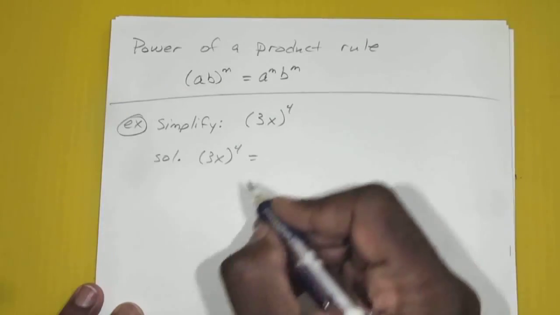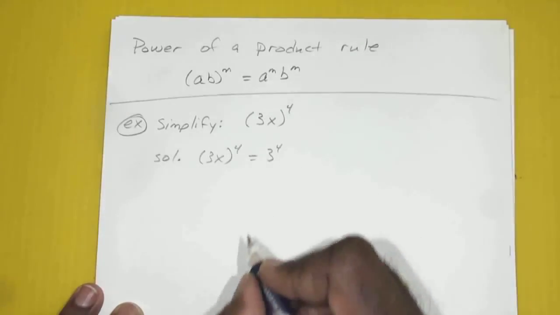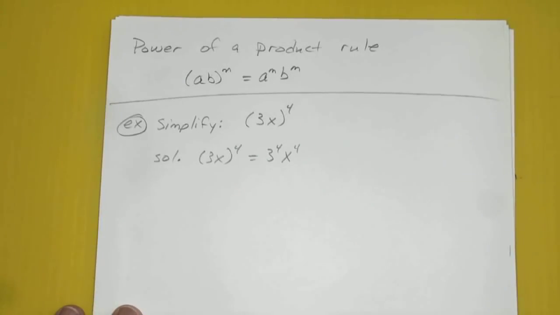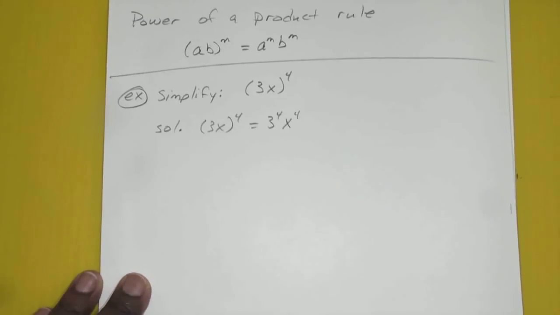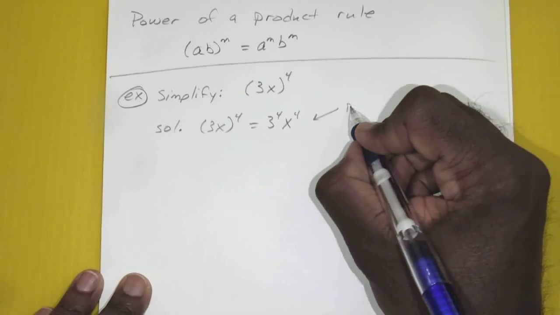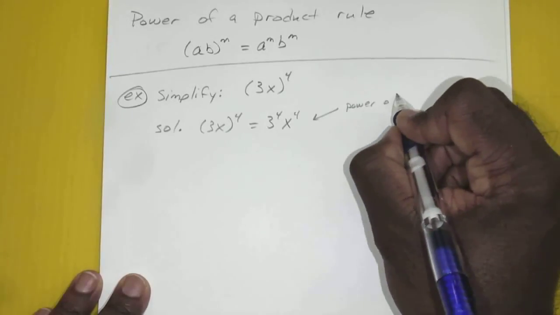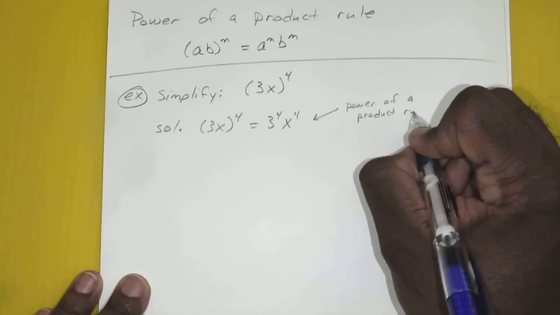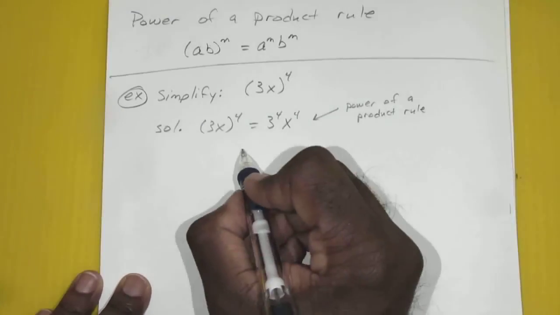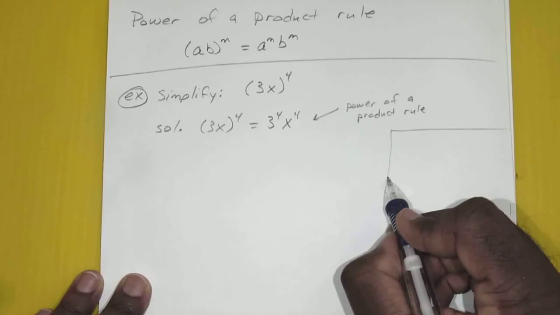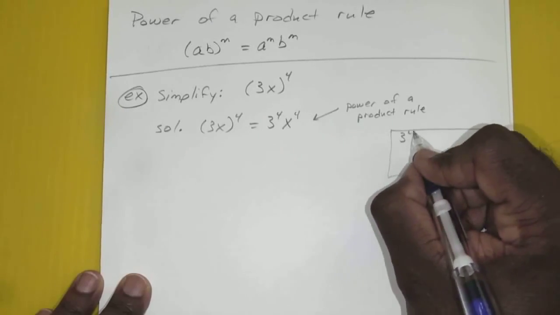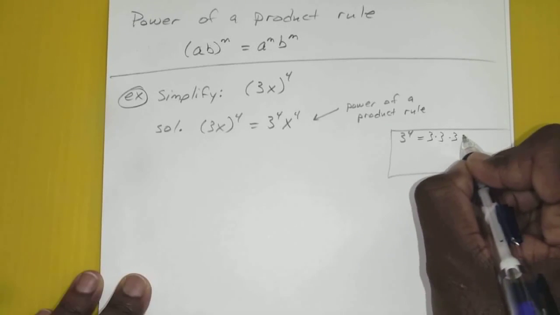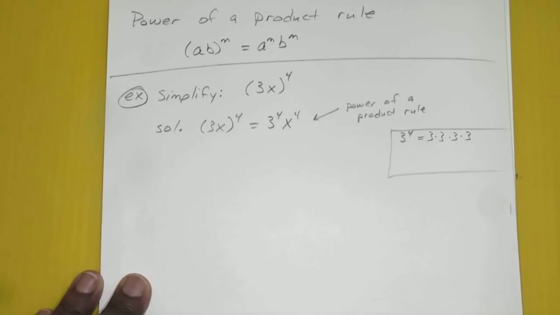Using the power of a product rule, that's just 3 to the fourth power times x to the fourth power. We know that 3 to the fourth power is 3 times 3 times 3 times 3, which is 81.